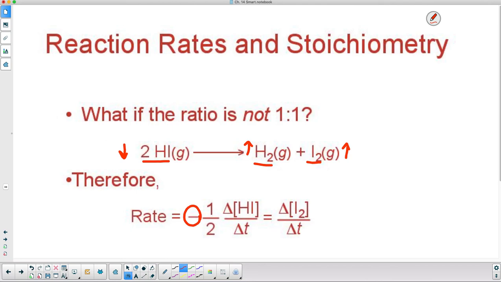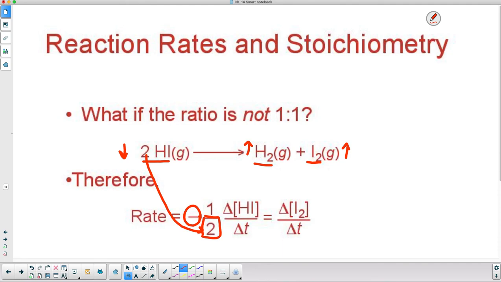And 1/2, here's how we see the coefficients. They come in as 1/2 to give us rates that we can compare to each other. So again, the delta and then the brackets in HI means change in concentration divided by delta time, the change in time. So change in concentration for I2 then divided by the change in time.